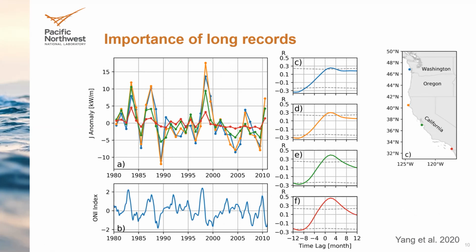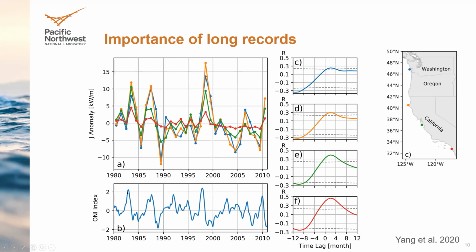Mike also mentioned how important longer records are, and it's also true for waves. What I'm showing here is the anomaly in wave power, again from a 32-year simulation at different points along the coast. 3 of them in California, and then 1 in Washington. You can see anomalies in the wave power that exceed 10 kilowatts per meter. And they match quite well with the El Nino index.